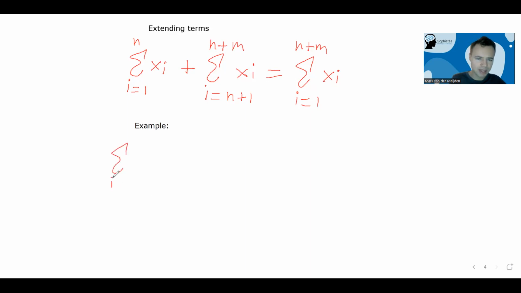It starts from i is 1 all the way up to, let's say, 3. And then the expression will be i. And then here I have a summation. Where does this one need to start according to the property? It needs to start at 4, right? Because if the n is 3, then n plus 1 is 4. Okay. And then here you have a 5.